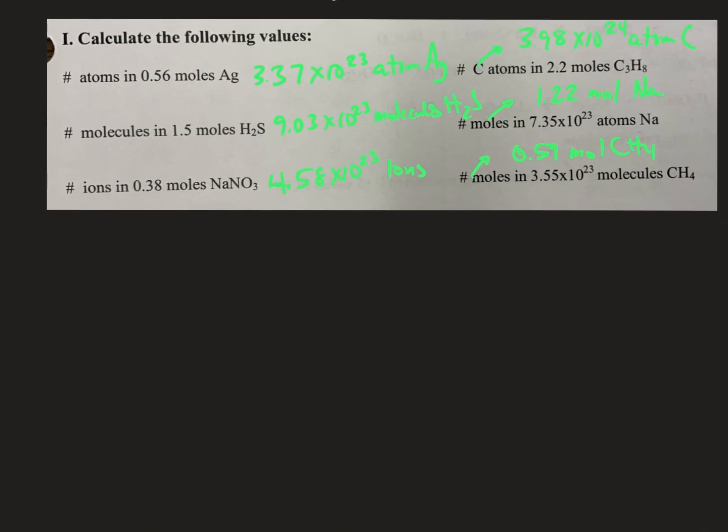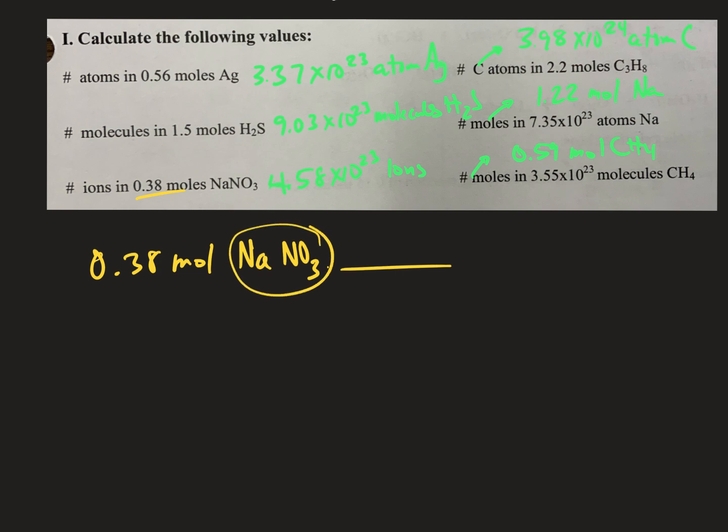All right, it says we have 0.38 moles of sodium nitrate, and we've got to find out how many ions we have. Is the particle of that an ion? No, that's a compound, right? So we call those either formula units or molecules, either one.